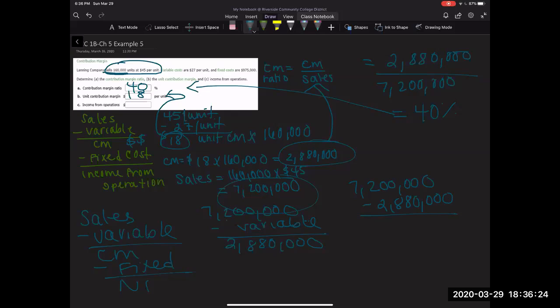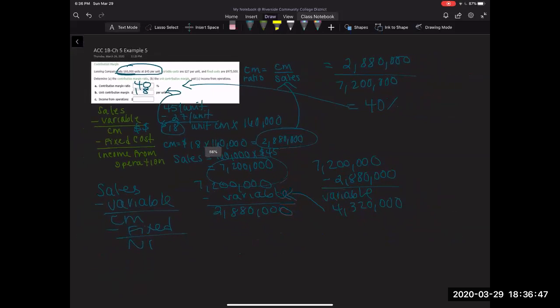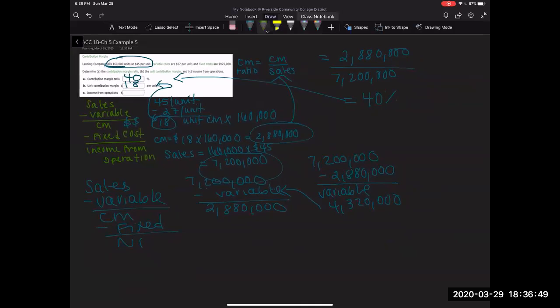So just to humor you guys, I'll do that for you. And that comes out to our variable cost is $4,320,000, right? That goes there, okay? But again, our focus is not necessarily there, but if you needed it, that's how we would go about doing it. And now we're just going to continue with the problem.